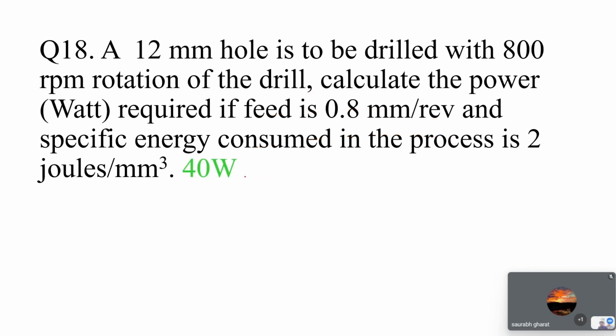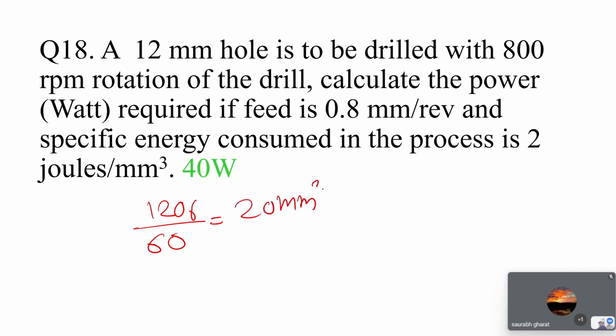So 1206 divided by 60, because one minute takes 60 seconds, gives about 20 per second.